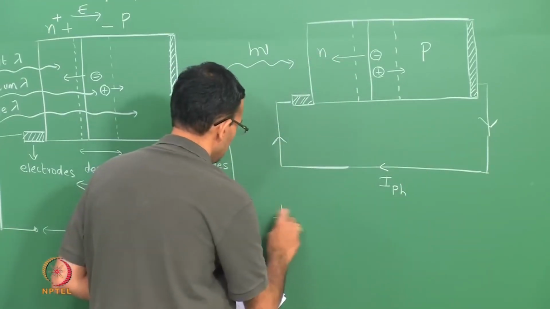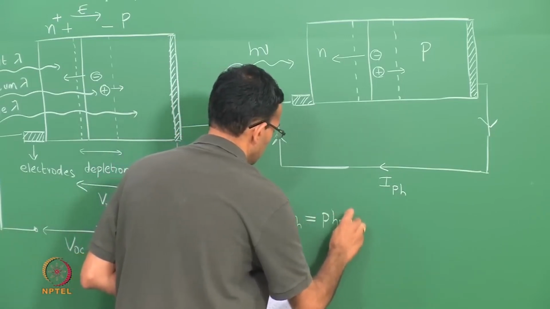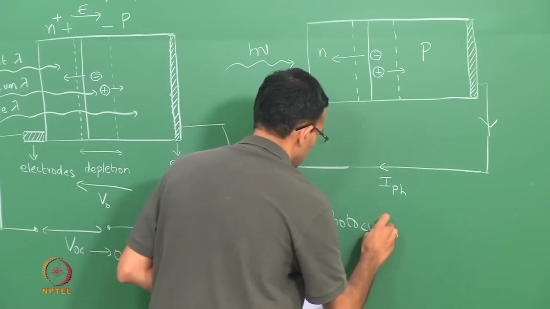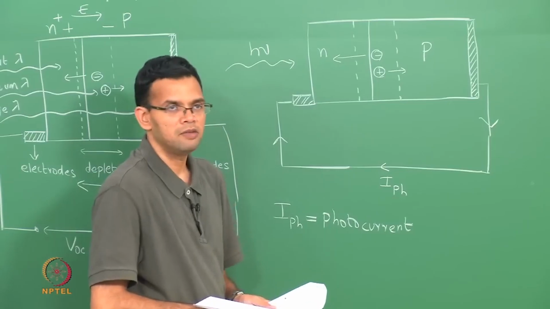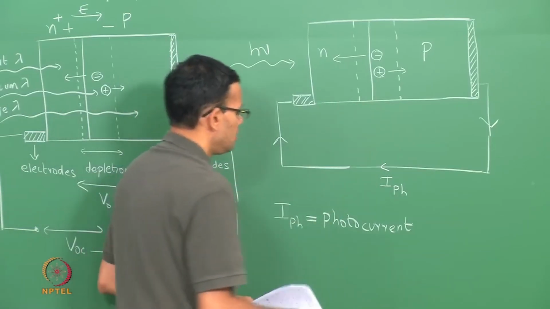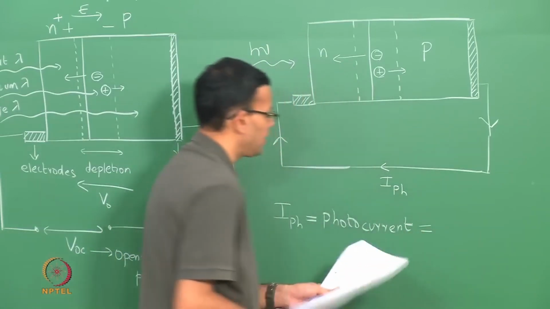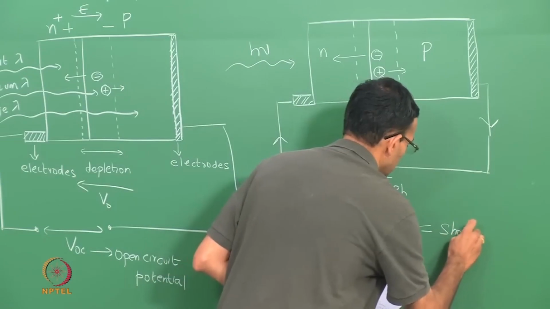This current is called your photo current. So, it is the current that is generated because you have photo generated carriers. In the absence of any external load, it is also called the short circuit current.